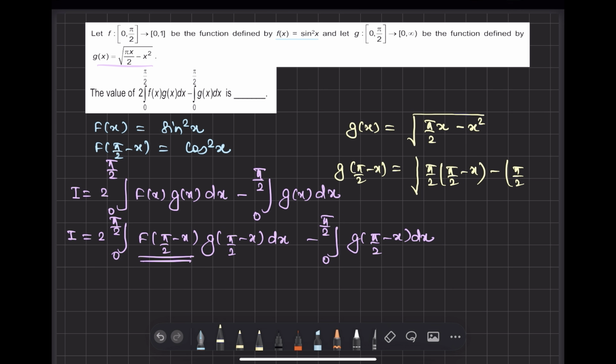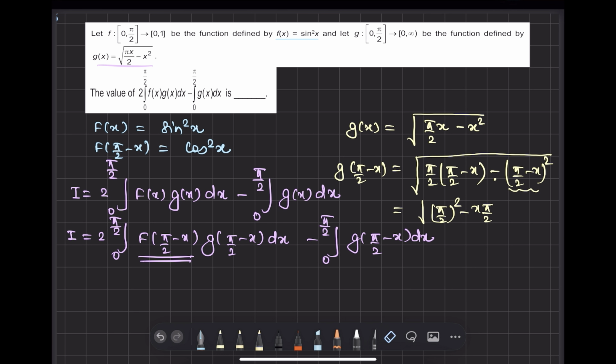So we have pi by 2 whole square minus x times pi by 2, and then here it will be a square plus b square minus 2ab, but because of this you will have an extra minus.